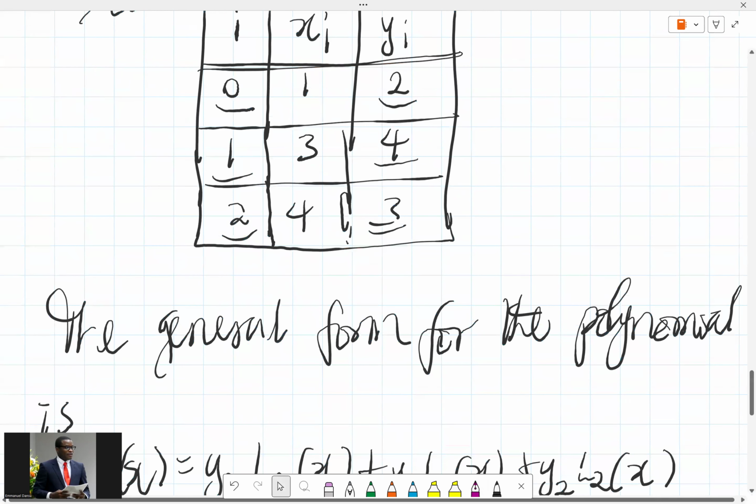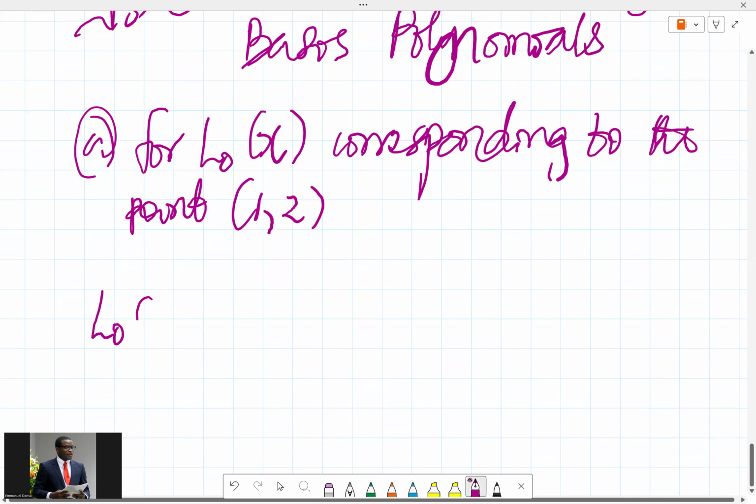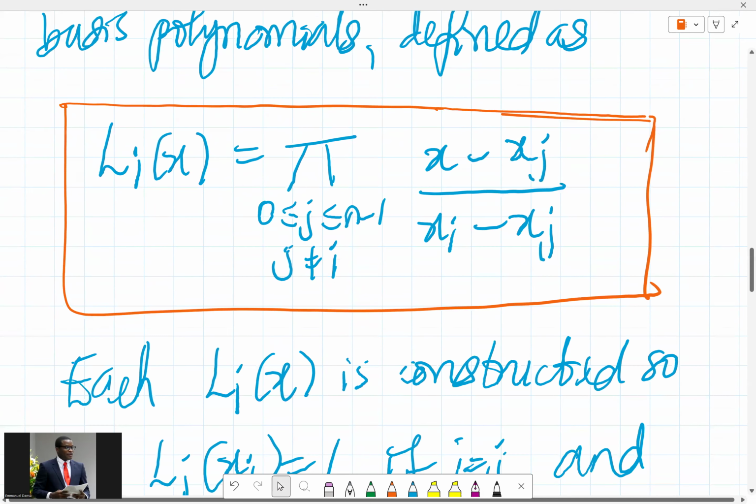So what that is going to be rendered as here is that L naught of x will be equal to x minus, this is corresponding to 1, 2, right? L naught of x. So we have 3, 4. So x minus xj over xi minus xj.